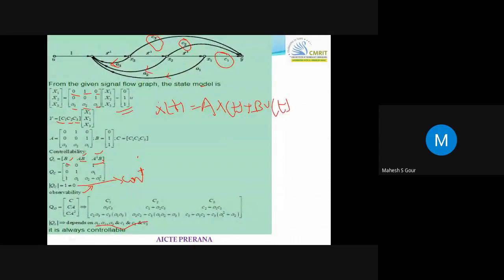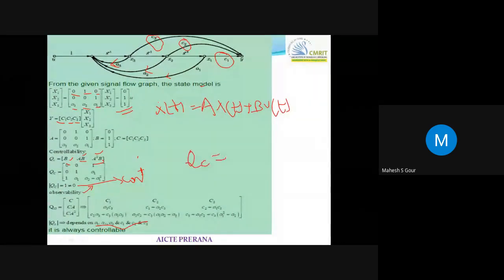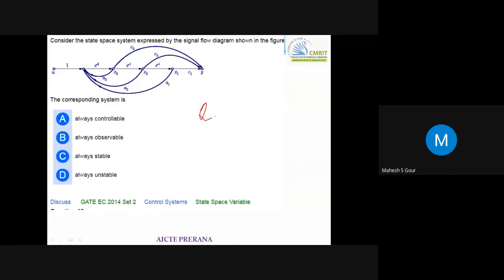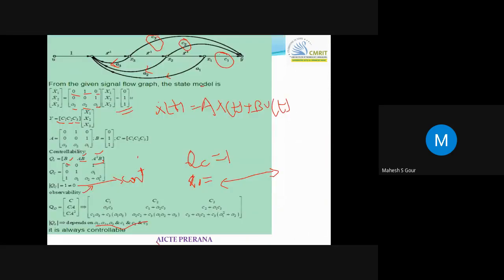See, you got QC as 1 and your observability is dependent on some variables A1, A2, A3. I'll write down your answer. You got controllability as 1 and observability was dependent on some variables like this. When you multiply this matrix, it is dependent on your C1, A1, A2, A3 and the C terms, right?